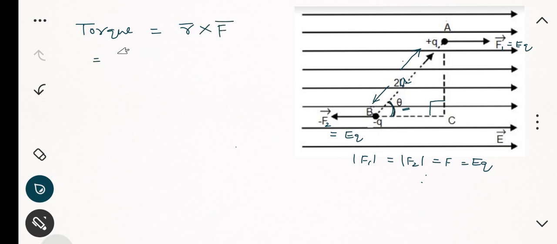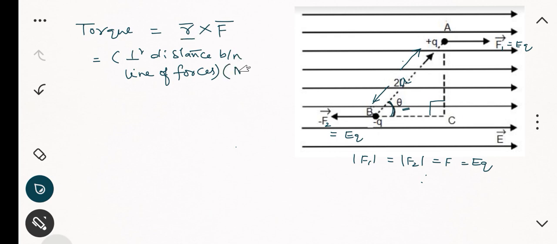Here R is the perpendicular distance between the lines of forces, and F is the magnitude of force.